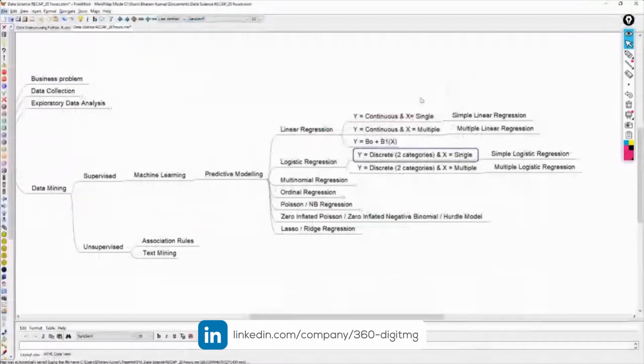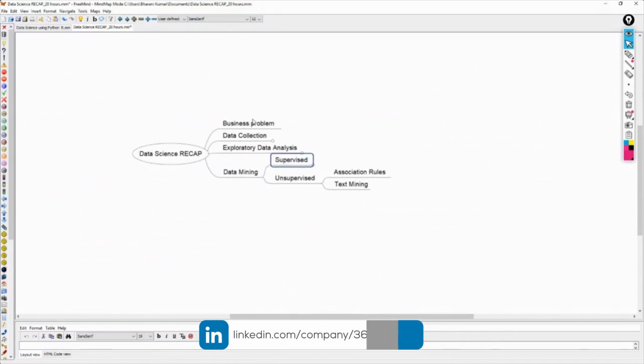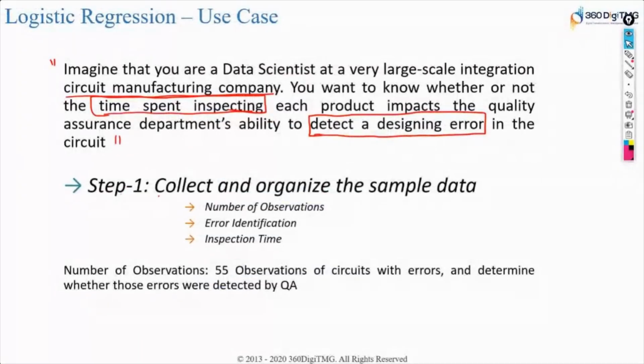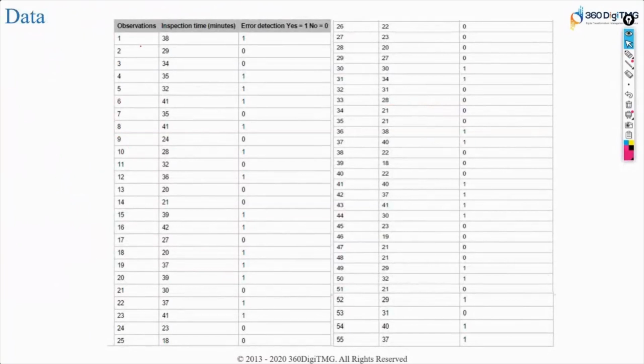Once the business problem is clear, what is the next step? Data collection. You collect the data. Say you collected 55 observations. You ask the circuit company to provide historical data, in which you have the output variable and the input variable.